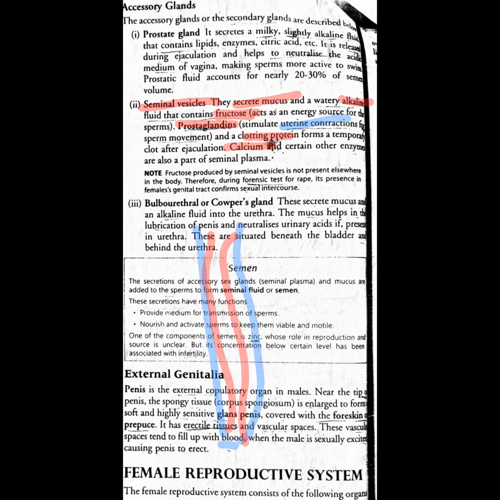You remember in 11th standard we studied peristaltic movement in digestion. Peristaltic movement means wave-like movement like this, which will make the food pass inside. Remember what peristaltic movement is? Wave-like movement which helps the food pass through the esophagus.